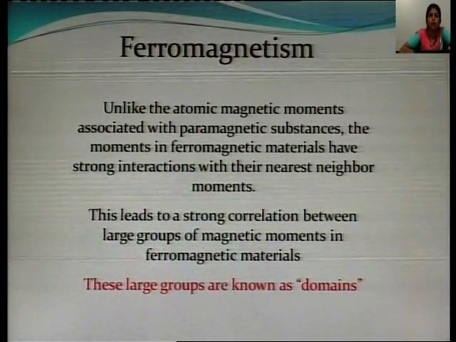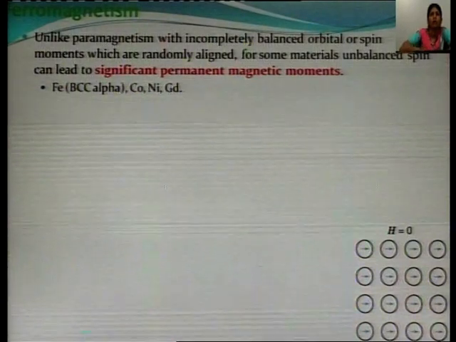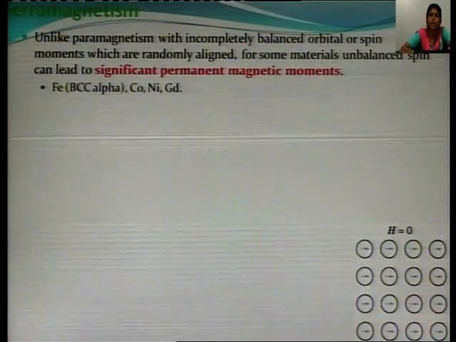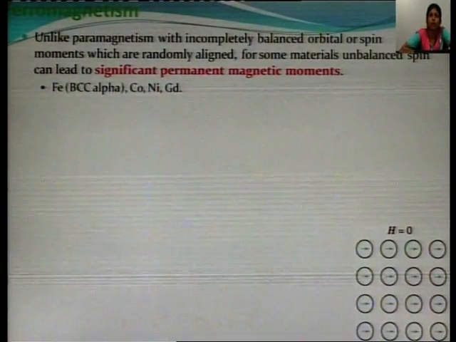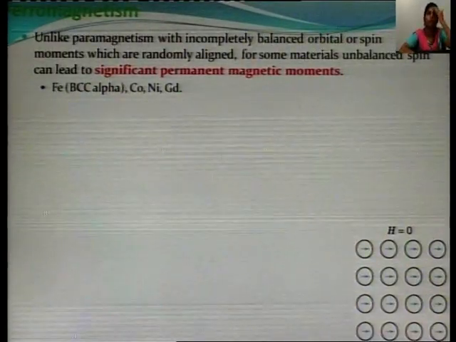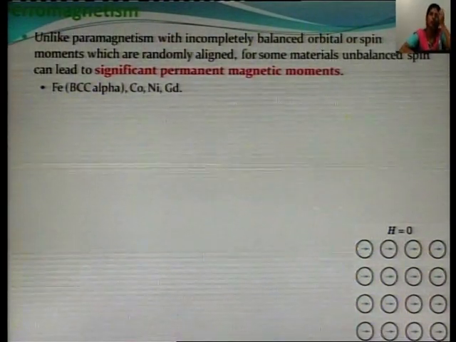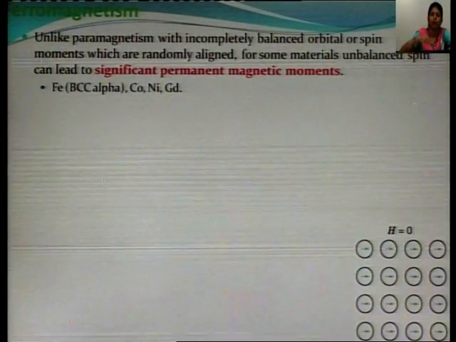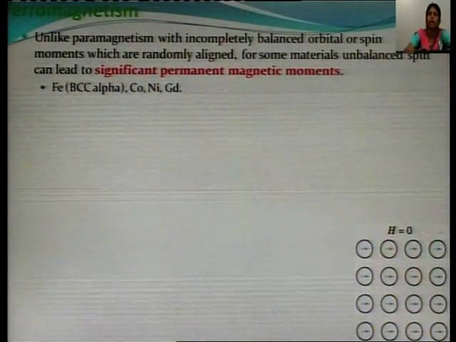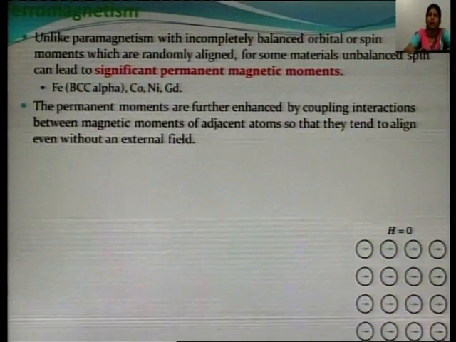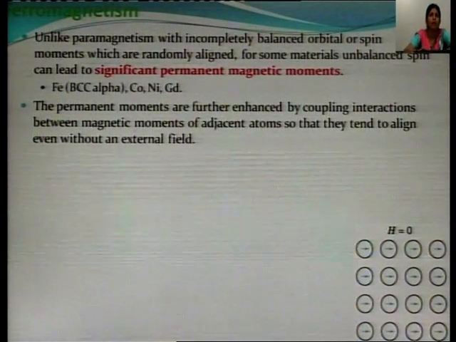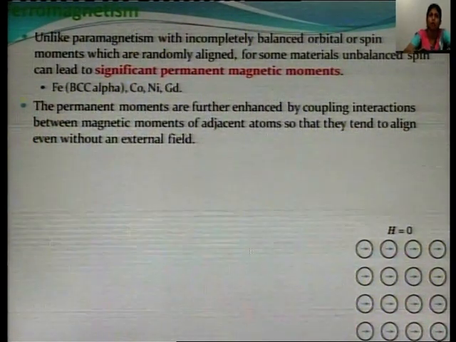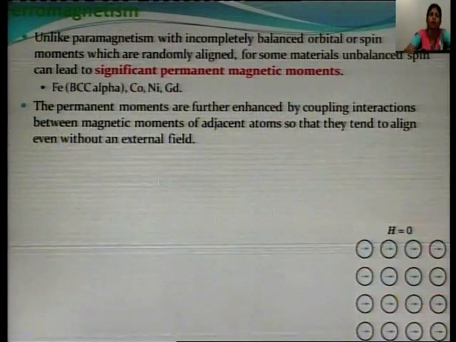So these large groups are known as domains. So unlike paramagnetism with incompletely balanced orbital or spin moments which are randomly aligned, for some materials unbalanced spin can lead to significant permanent magnetic moment, and these are iron, cobalt, nickel, etc. So the permanent moments are further enhanced by coupling interactions between magnetic moments of adjacent atoms, so that they tend to align even without an external field.